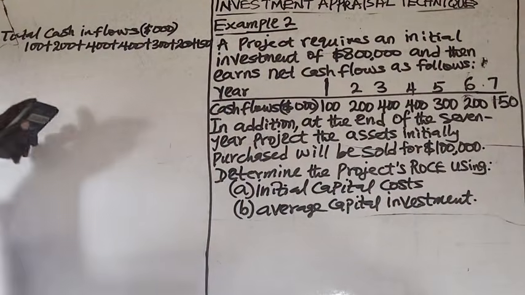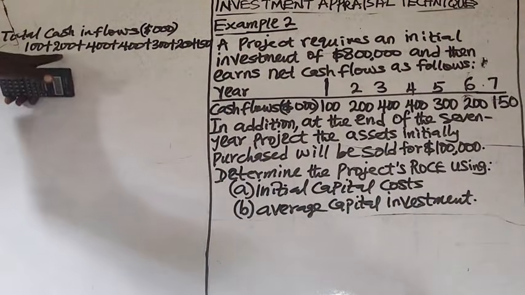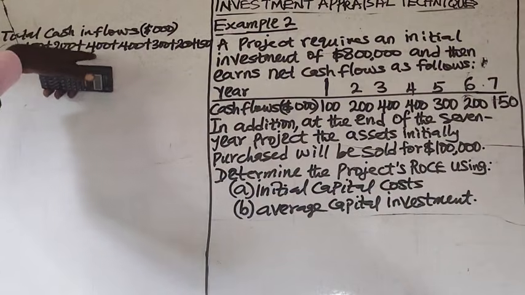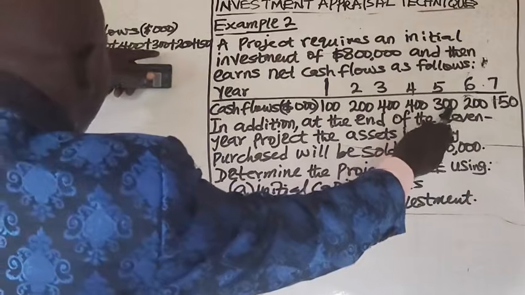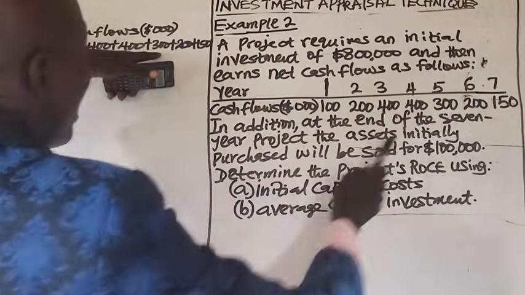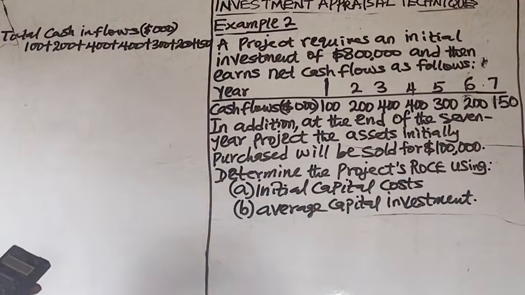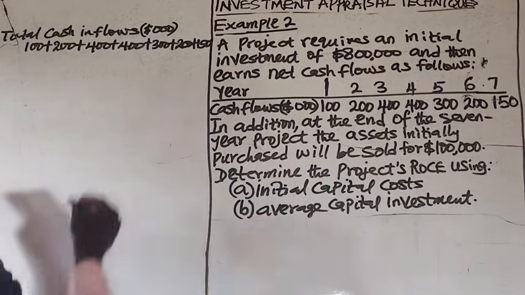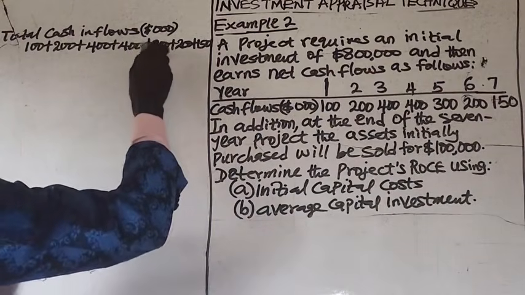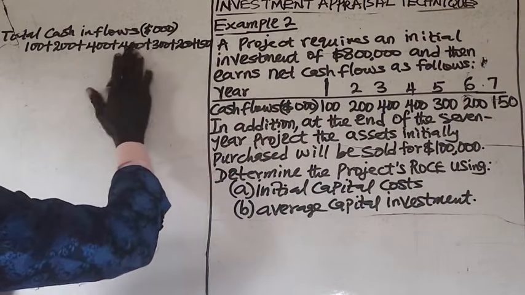The total is $1,000 times 1,750, that is 1,750,000.